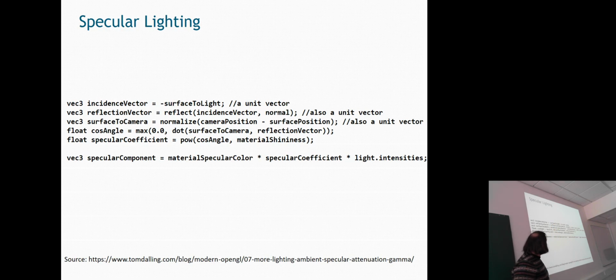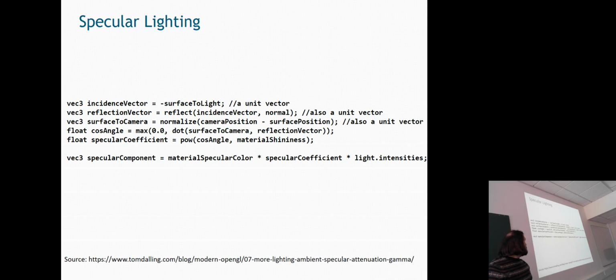And we have the reflection vector, found by the reflect function, which takes as parameters the incident vector and the surface normal. This reflect function is already implemented for you in GLSL, so you can directly call it.